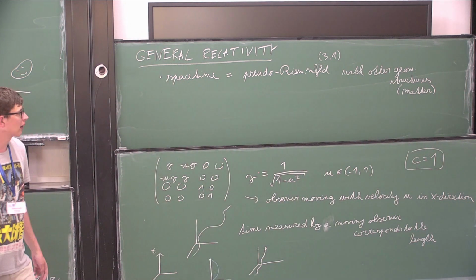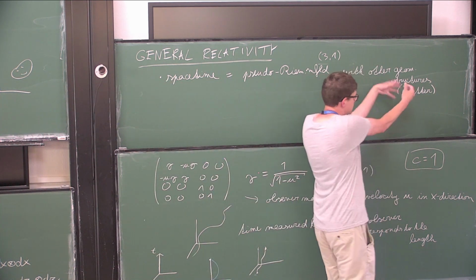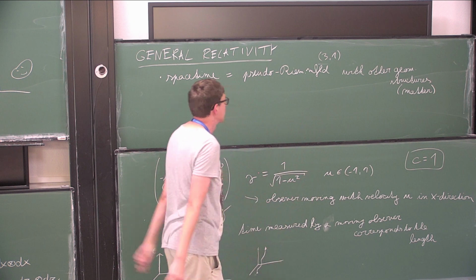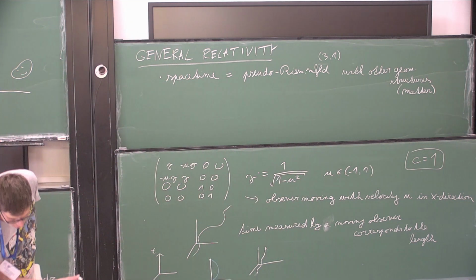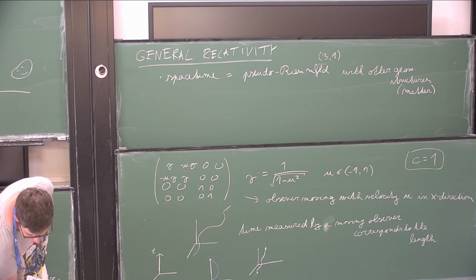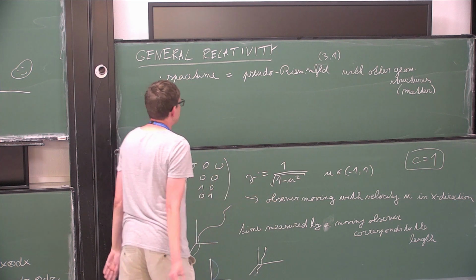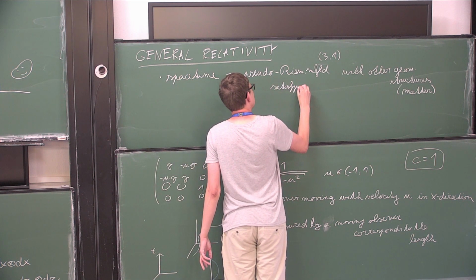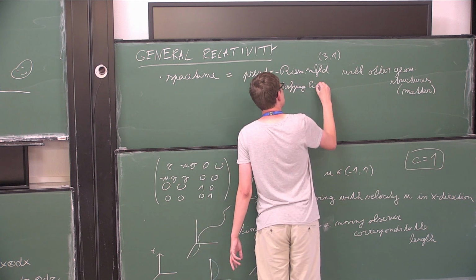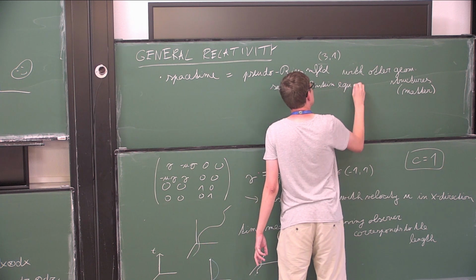The important thing is that it's just some other tensors, typically, or sections of some bundles. Now, this cannot be any wild manifold, so it has to satisfy something: the so-called Einstein equations. I will come to them in a second. So far, just remember Einstein equations.